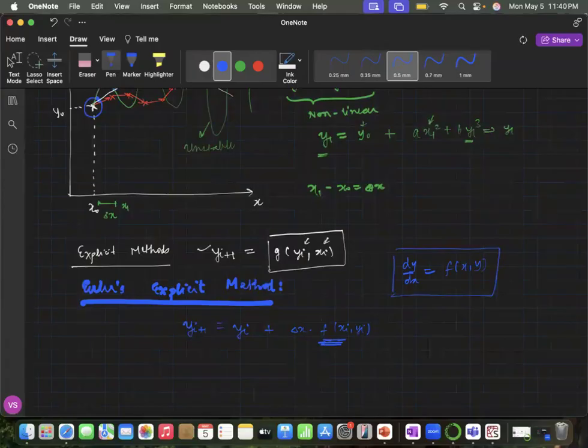So if you write a differential equation in this form, this is what f of x comma y is, the RHS.